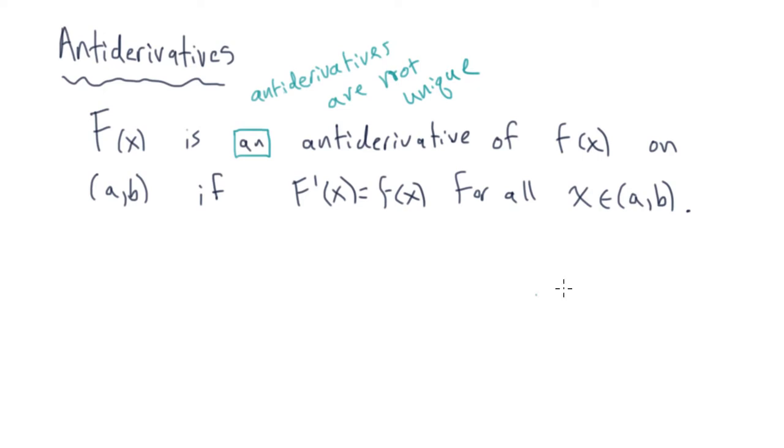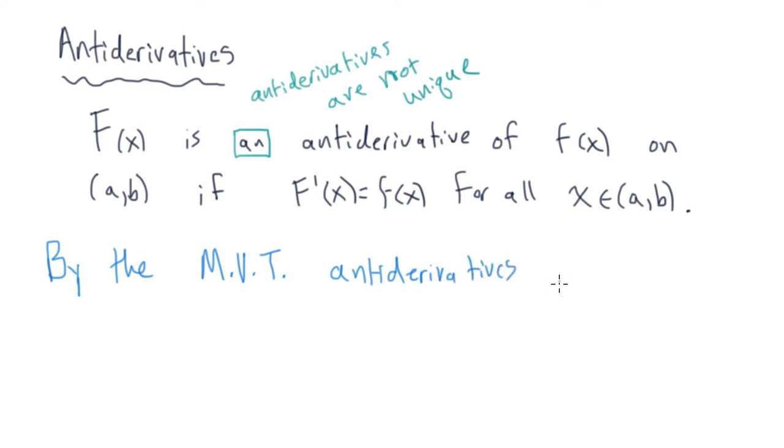And what we know more specifically is that as a direct consequence of the mean value theorem, MVT, antiderivatives for the same function will differ by a constant.